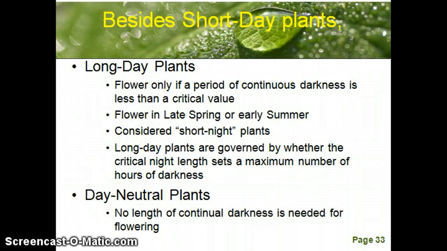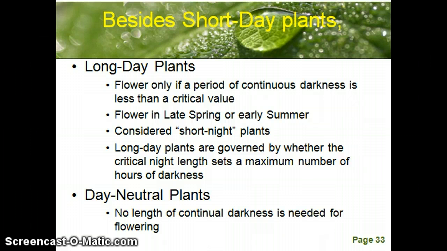In contrast, we have long day plants, and these flower only if there's a period of continuous darkness that is shorter than a critical value. So these are flowers that are going to show up in late spring or early summer. So these are considered the short night plants. Long day means short night. Long day plants are governed by whether the critical night length has a maximum number of hours of darkness.